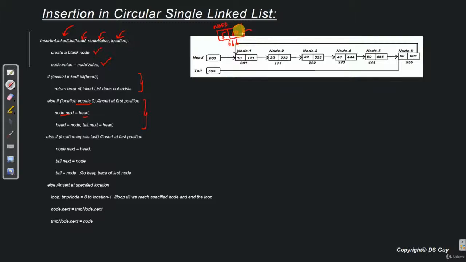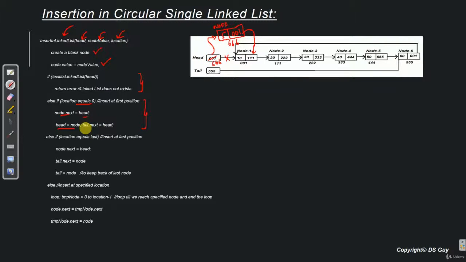So we insert the same 001 here. This will create a link between node and node 1. Now once the link is established, the next step is head is equal to node. So in head we have to update 666. This will disconnect head and node 1 and create a link between head and the new node.